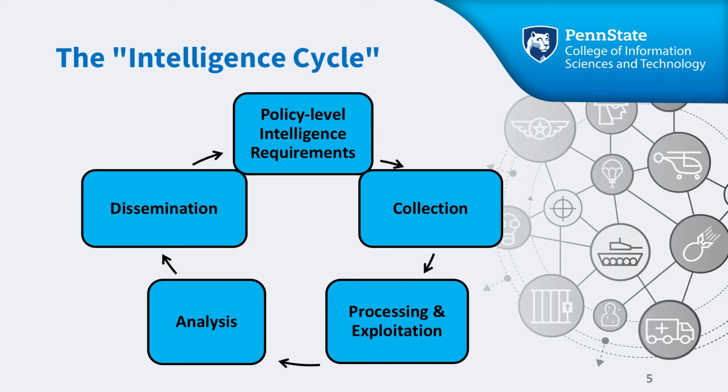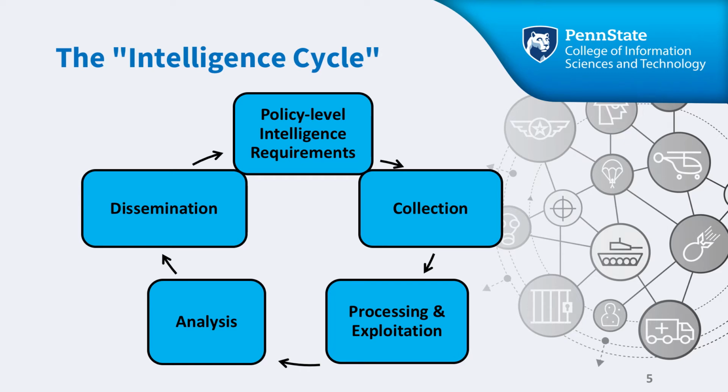Then the intelligence needs to be analyzed. Intelligence analysis is a very important element of the cycle. Finally, it gets disseminated to the people who need to see it. In other words, the intelligence gets passed on, sent to military commanders, homeland security officials, and so on.